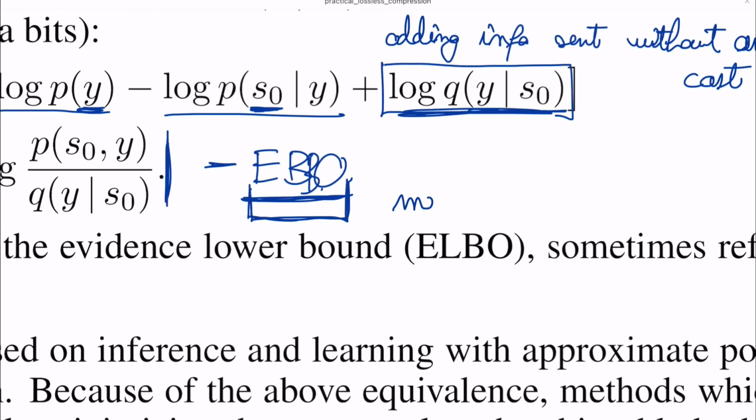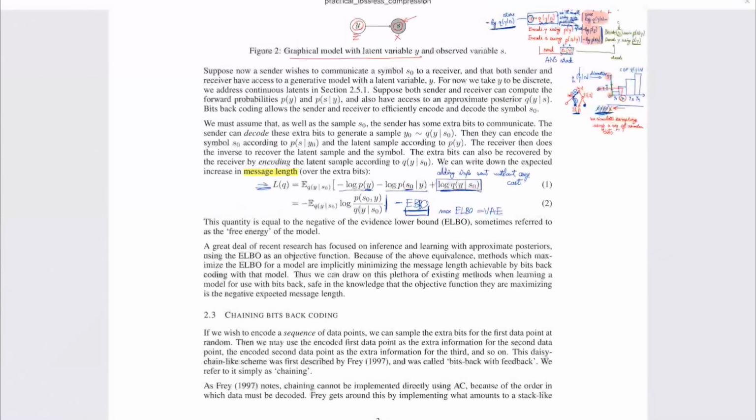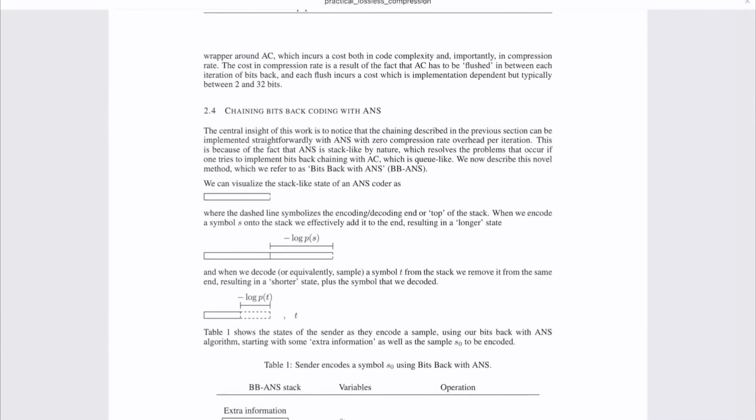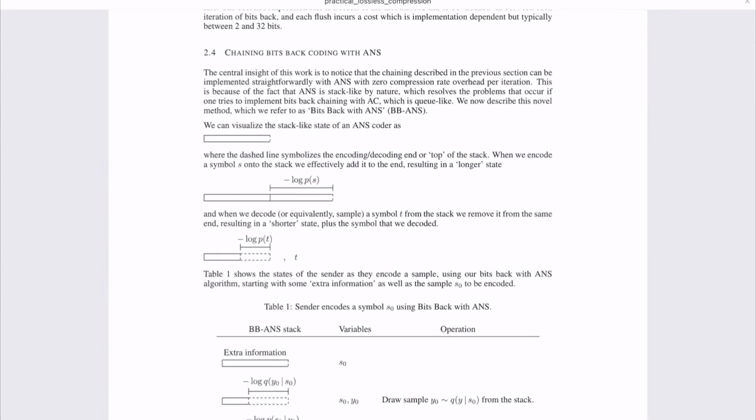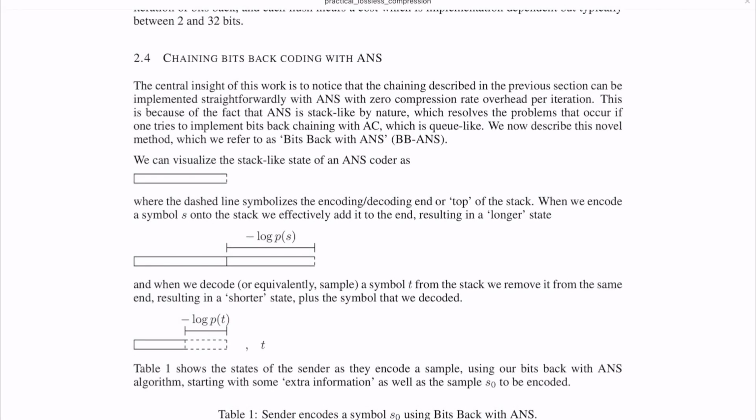And maximizing the ELBO is exactly what you do in a VAE. So this is a way of training this model. But let's look a bit at how saving the bits would work with this bits back and with INS.